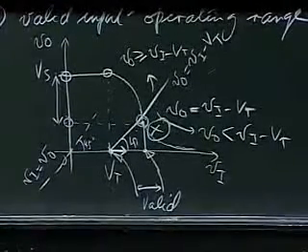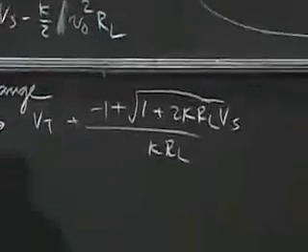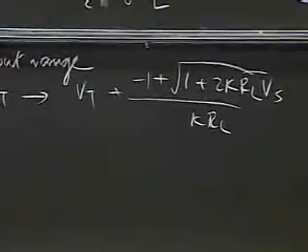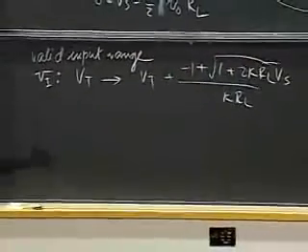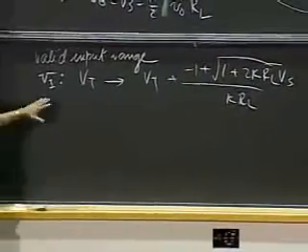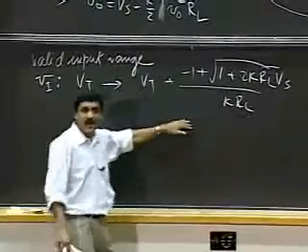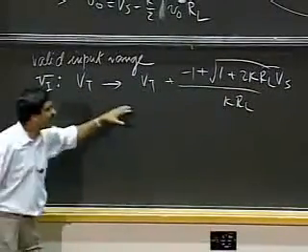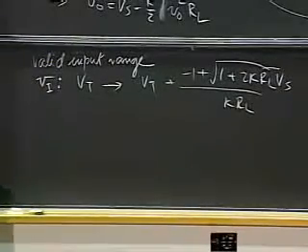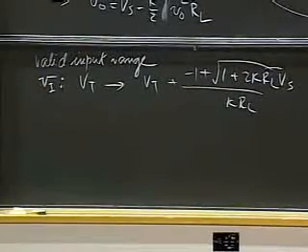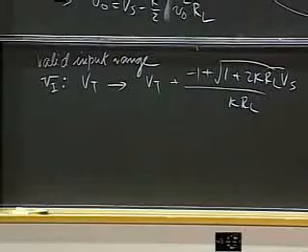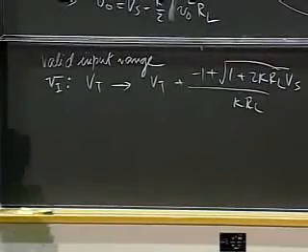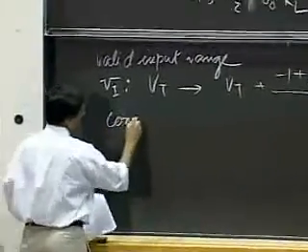Now as an engineer, I can say that if you build a MOSFET circuit like so, with a given value of RL, a given MOSFET, and a given Vs, then if you limit yourself to operating with input voltages in this range, thou shalt be happy. If you go beyond that range, then you will be violating the saturation discipline.